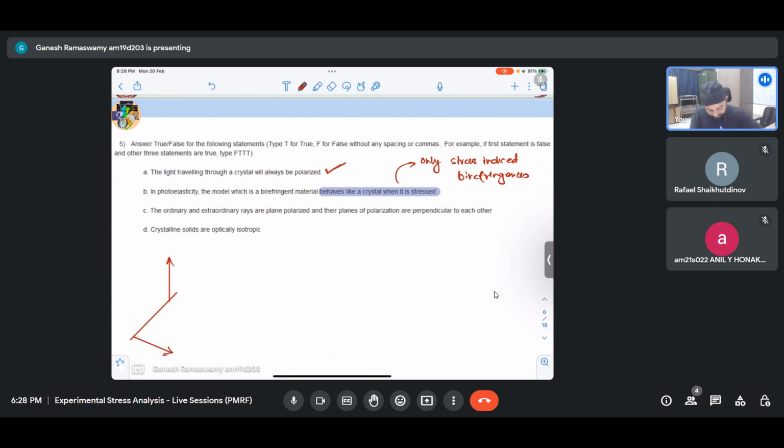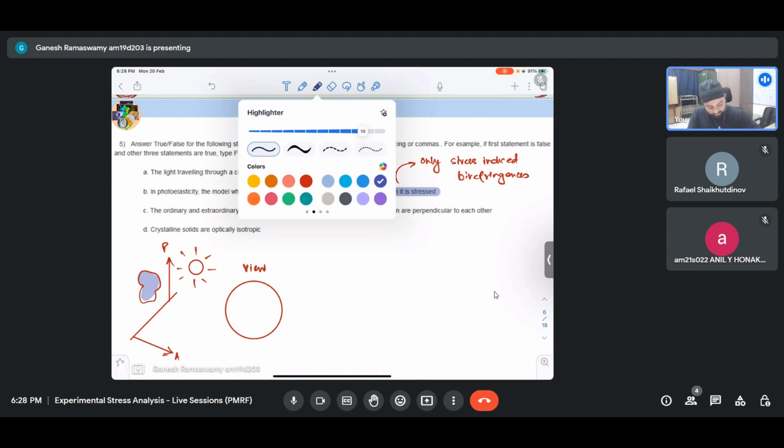Let us say we place the specimen here, this being the test specimen, and let us say we have a light source here. Once this light crosses the polarizer, we'll have a linearly polarized light, which will get cut out by the analyzer. So ideally speaking, what I should see in the view should be totally dark.